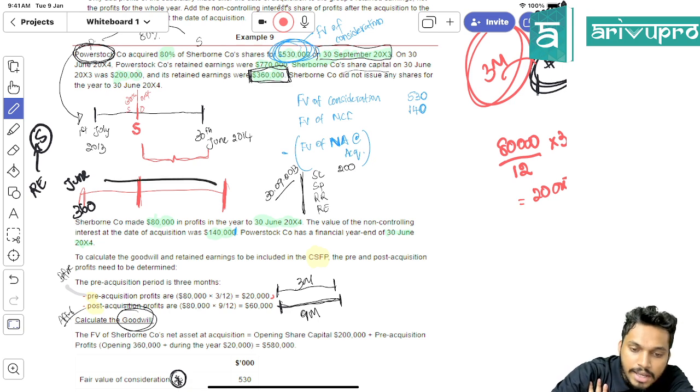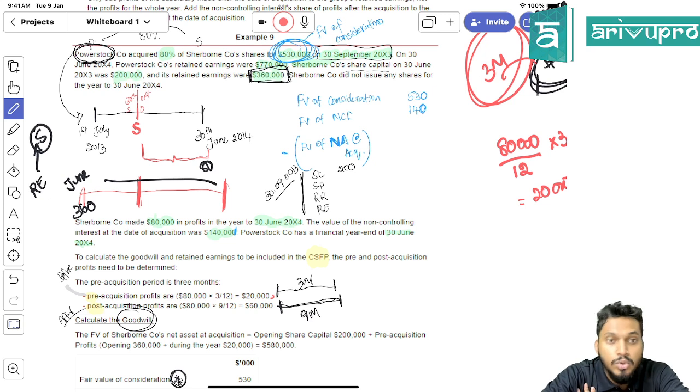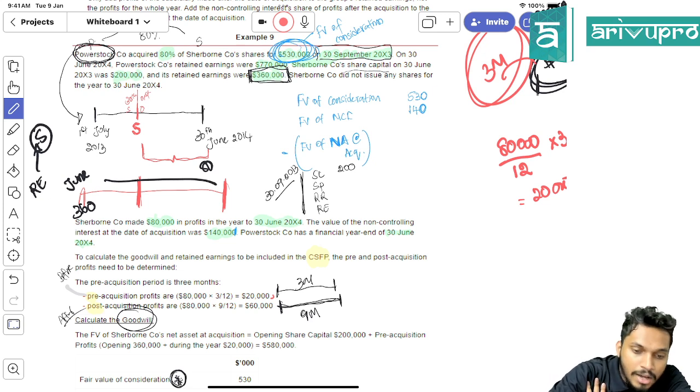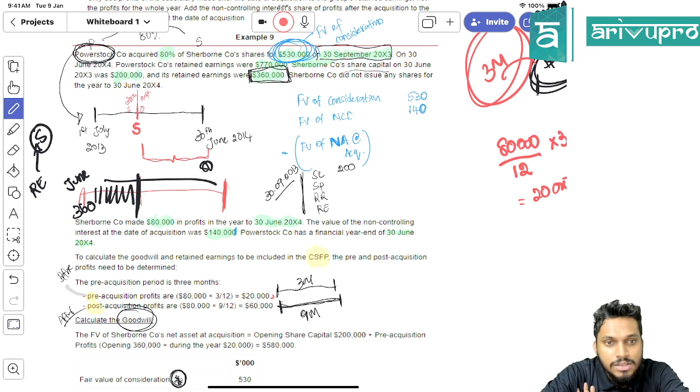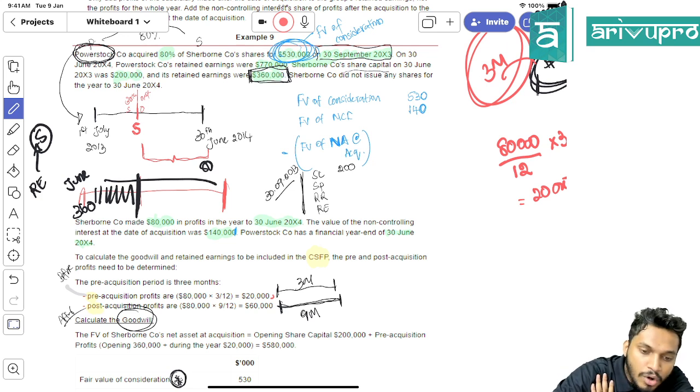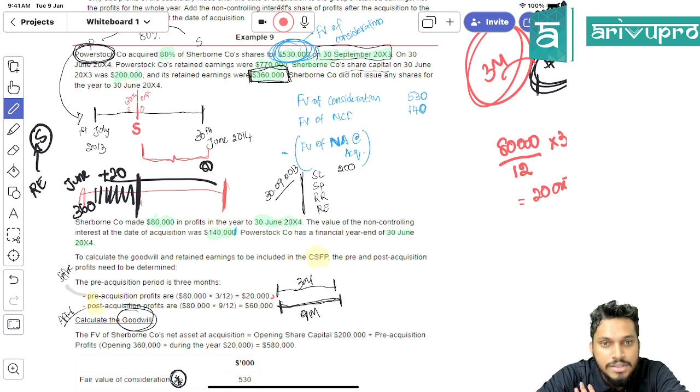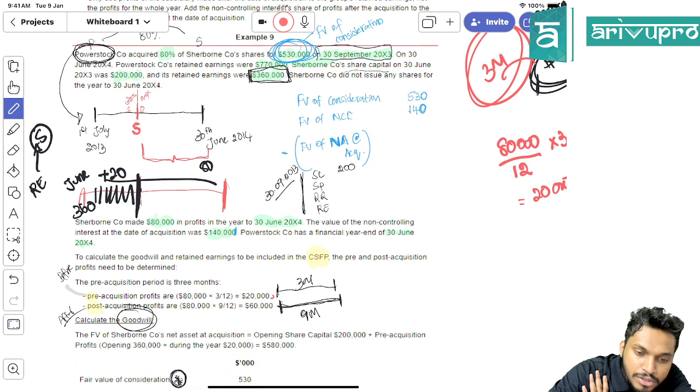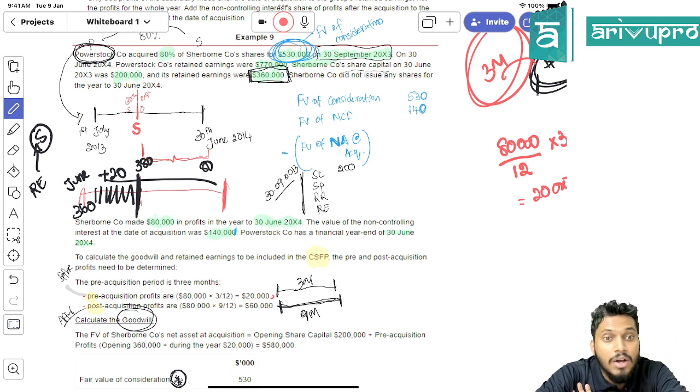Throughout the period, they have made 80,000. But we are investing from this date. So any profits during this date is not belonging to us. So this 20,000 also needs to be added back to non-controlling interest profits. So as of 30th June, their retained earnings is going to be 380,000.